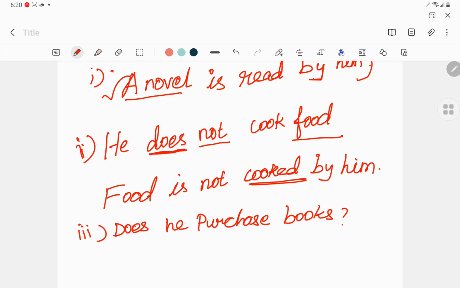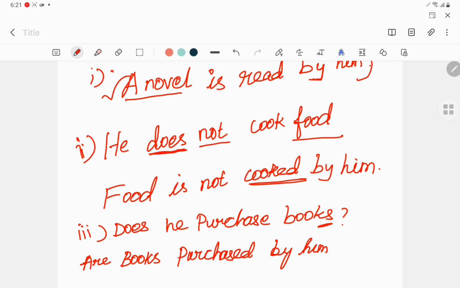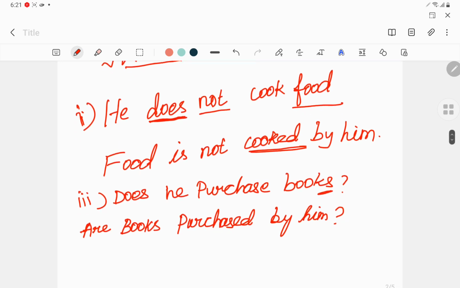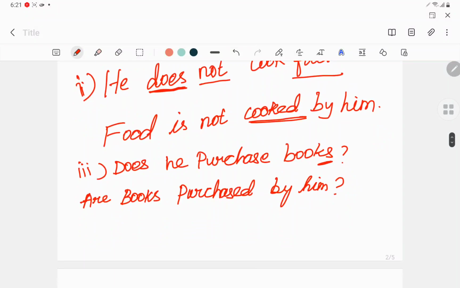So books comes first, but here you have a plural form. In simple present tense, if you have a plural, you want to add are. Books are purchased by him. So, does he purchase books?